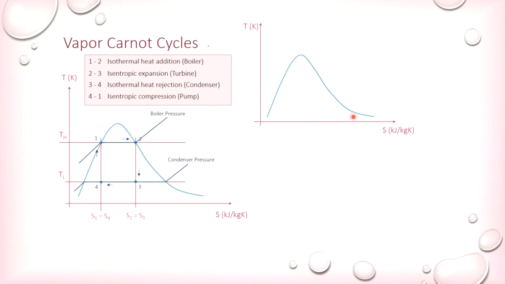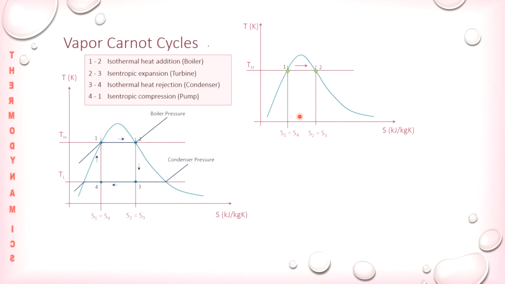That will be shown in this diagram. This is TH, the higher source temperature, and then the two isentropic processes, constant entropy. This area represents heat supply, for state point 1 to state point 2.